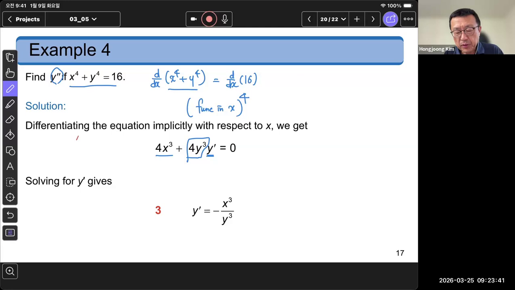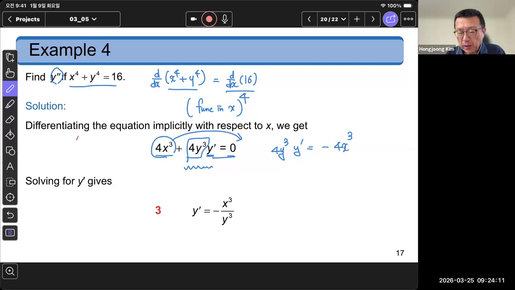And that must be the derivative of 16, which is 0. So from this equation, 4y cubed y prime has y prime, but 4x cubed does not have y prime. So you move that term to the right hand side. So you get 4y cubed y prime will be negative 4x cubed.